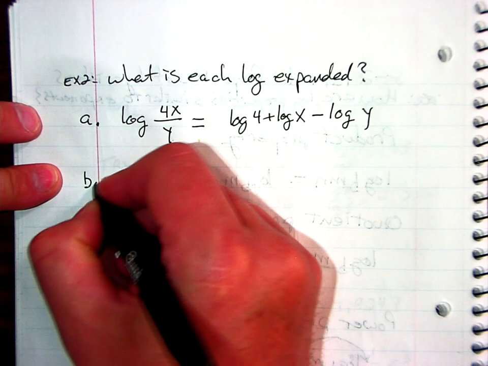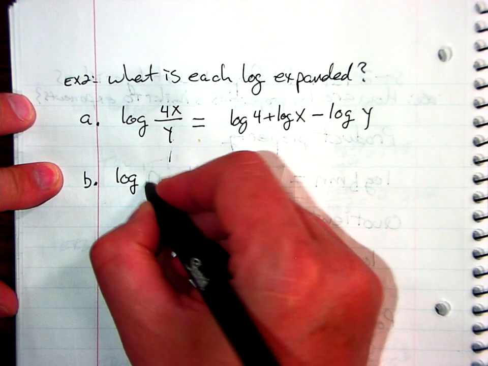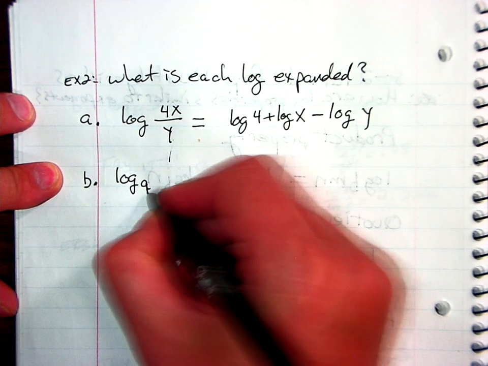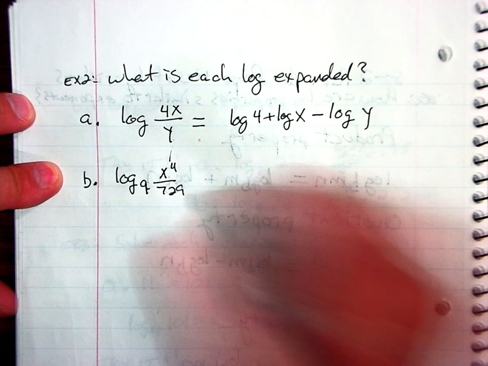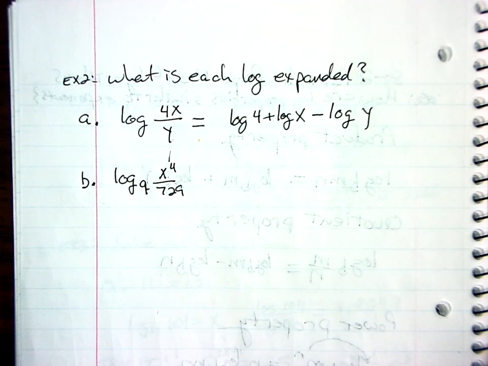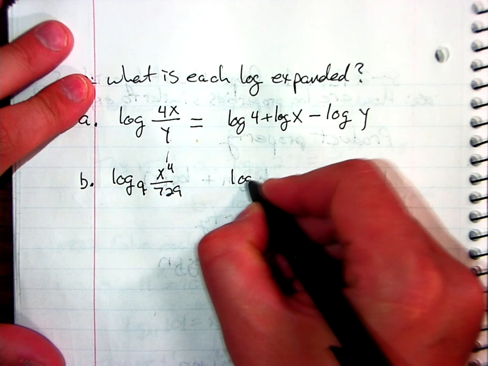All right, B. This one's a little bit more challenging. Log base 9. That's a 9. X to the 4, 729. So since it's dividing, it is subtracting.